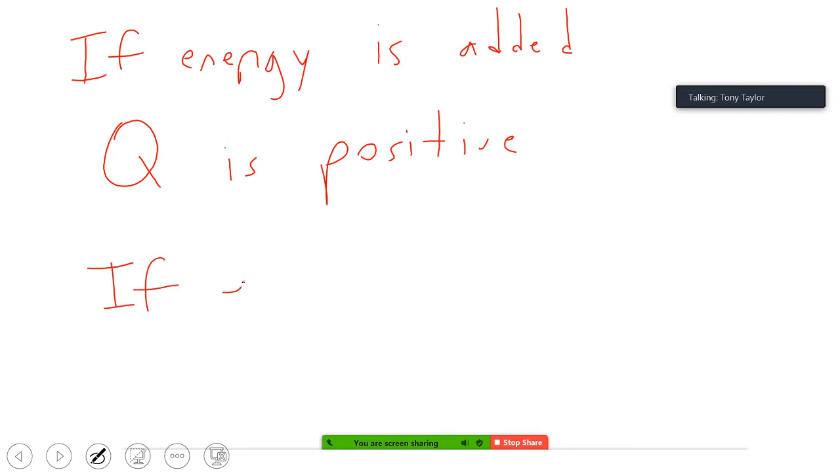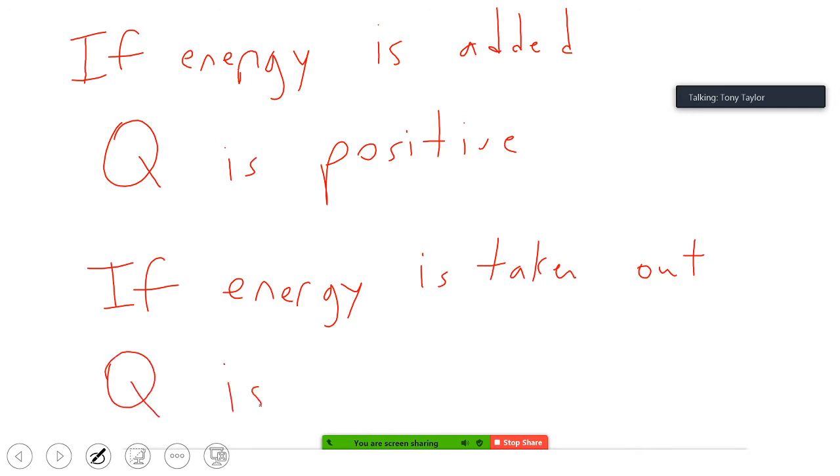If energy is taken out of a substance, Q is negative. So everybody got that? If energy is added, Q is positive.